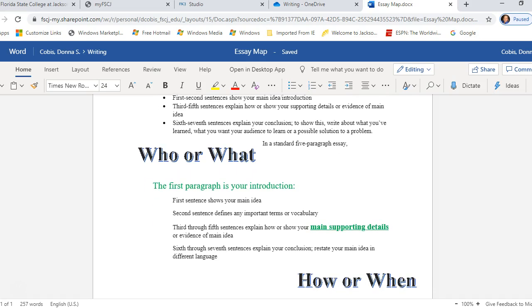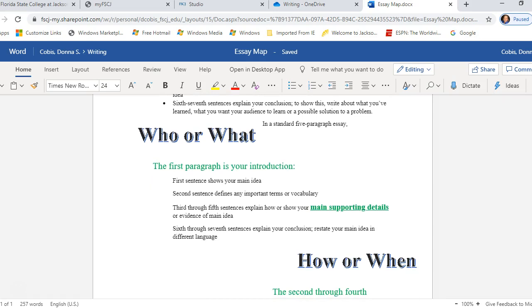So you want to be continually returning to this main idea. So in your first paragraph, if we think about this by asking ourselves the so-called reporter questions, the who, what, when, or where type questions, that first paragraph can explain the who or the what. So in this paragraph, for instance, our first sentence would be our main idea. Our second sentence might explain what the main idea is, some kind of key detail.